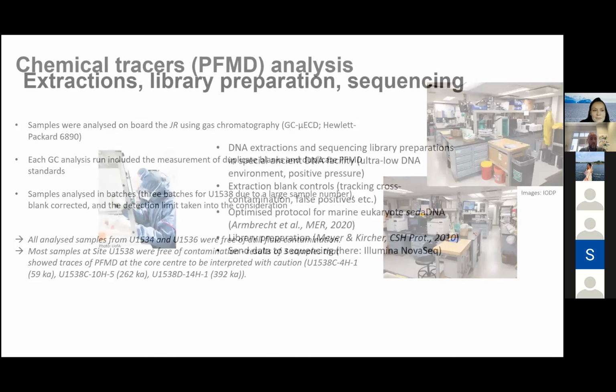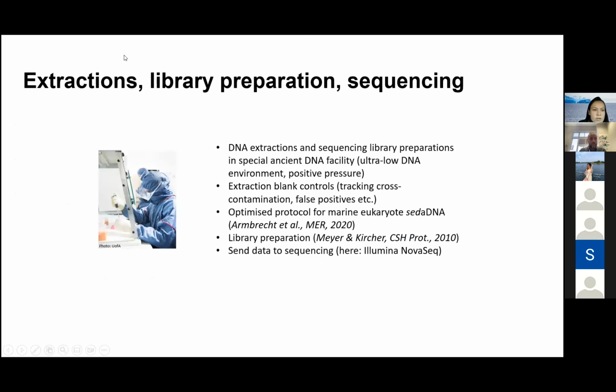Okay. So then on the ship, we just froze the samples that we collected, and they were transported to the lab. All of this work was done at the University of Adelaide, Australian Centre for Ancient DNA facilities. In the process of extracting, I've introduced a number of extraction blank controls.